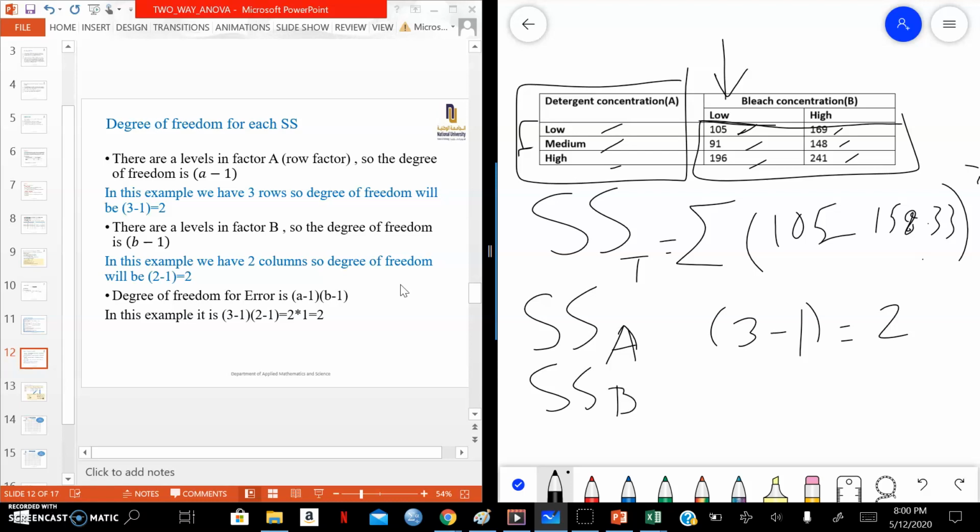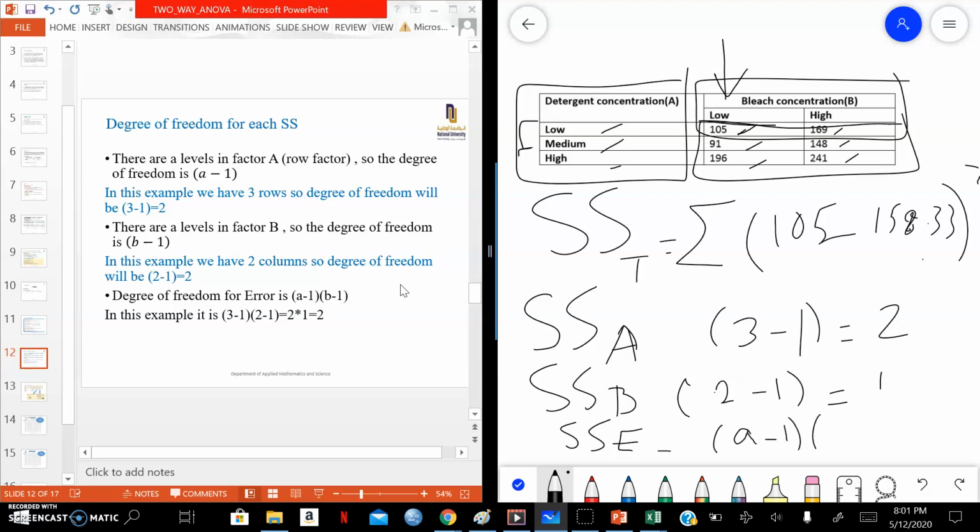That is the degree of freedom. SSB, B is a column factor. How many levels do we have? We have 2 levels, low and high. So 2 minus 1 is the degree of freedom. We get 1. SS error, the degree of freedom will be the row A minus 1, which is 3 minus 1, and the column B minus 1.